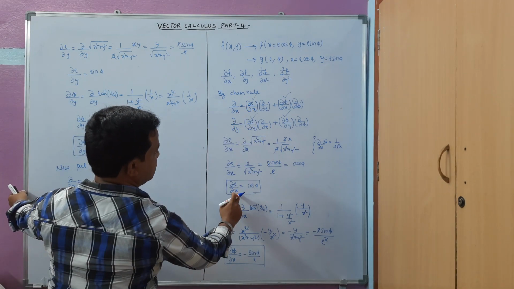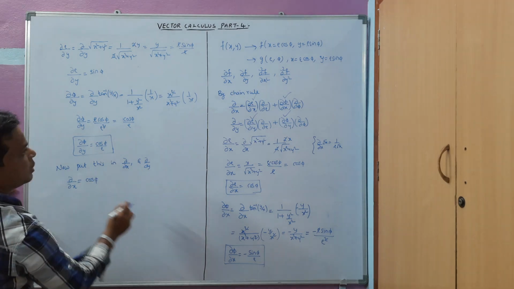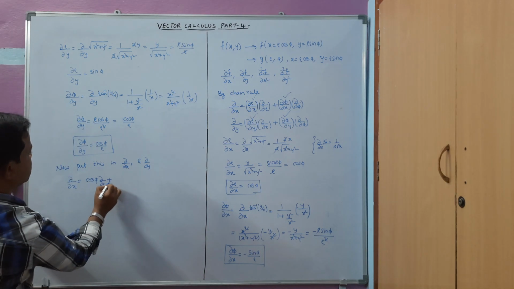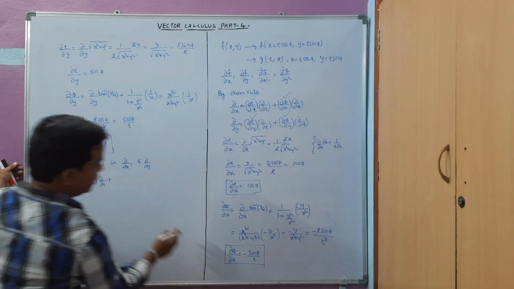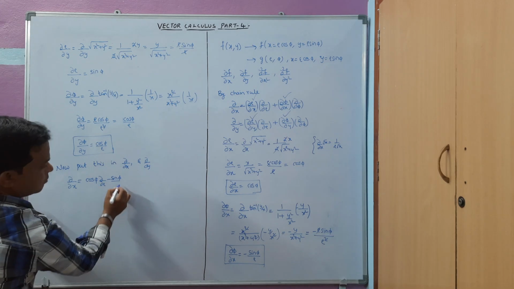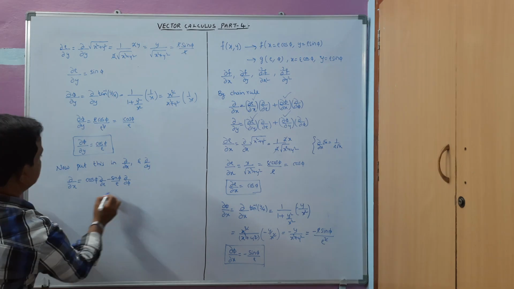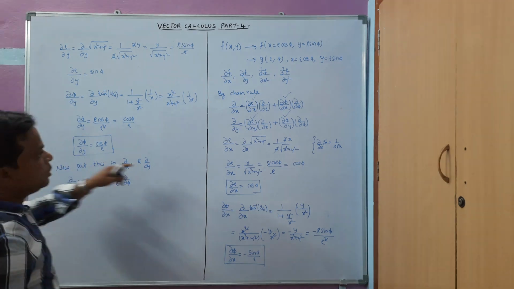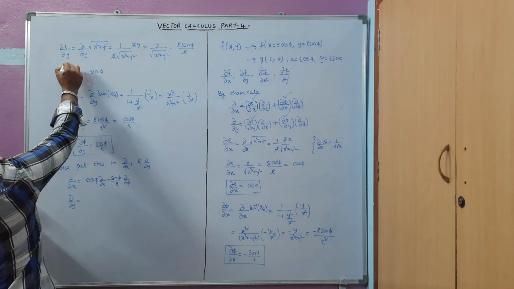Dou rho by dou x is cos phi into dou by dou rho plus next dou phi by dou x. Dou phi by dou x is minus sin phi by rho into dou by dou phi. Same, next similarly dou by dou y I have to write here. Dou by dou y, dou rho by dou y will be this one. I have not kept here bracket.